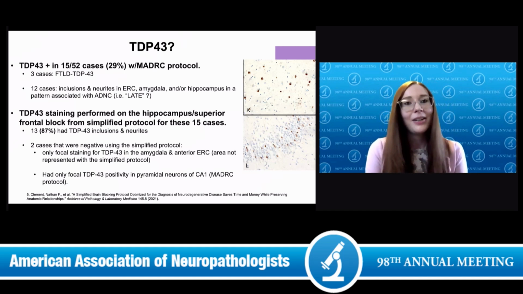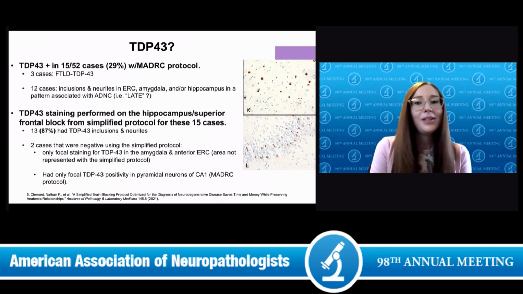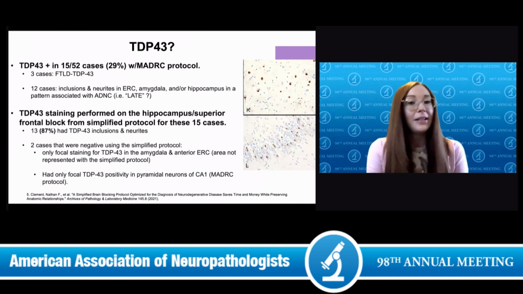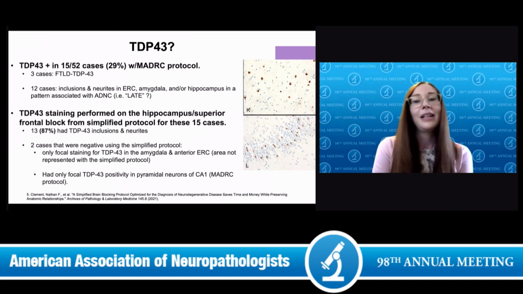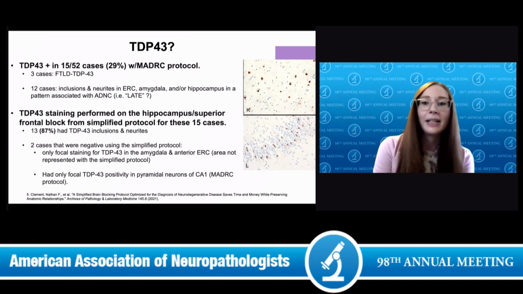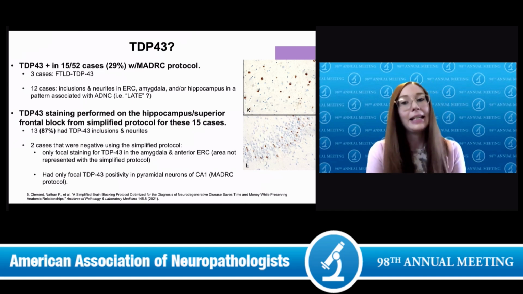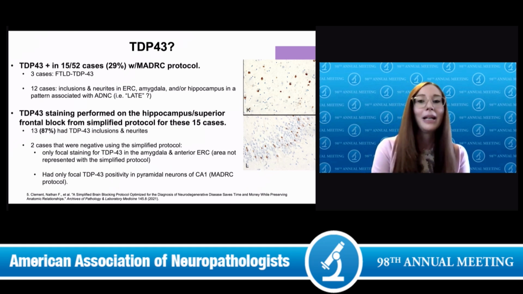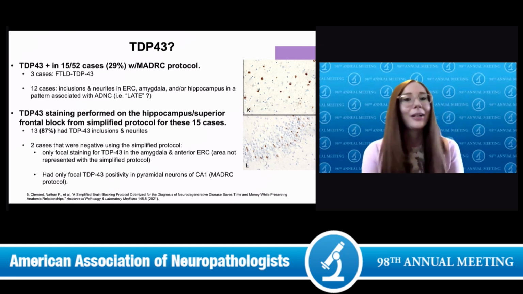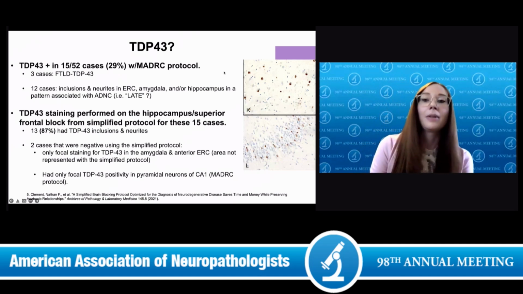I just wanted to highlight, although I wasn't able to include it in this presentation, that there is a poster from the University of Washington group that also describes a slightly different TDP-43 condensed protocol, and that they found similar findings, and that perhaps condensed protocols may be more challenging for cases in particular that are at the early stages. If you have time to check that out from Caitlin Latimer and the UW group, I highly recommend it. In addition, the other case only had very focal staining in the original workup with the comprehensive protocol.